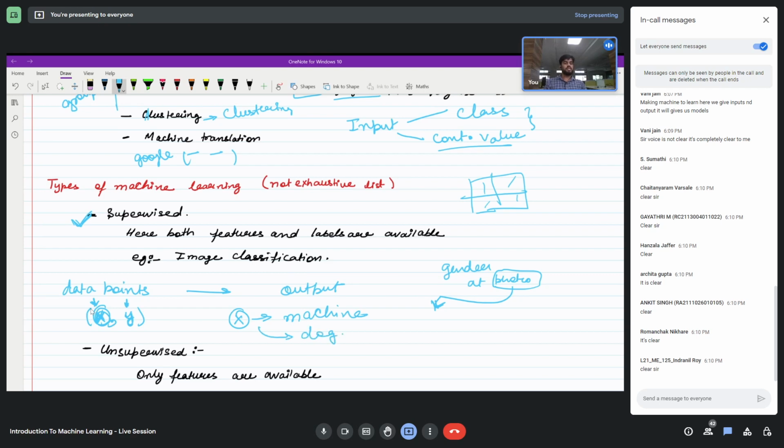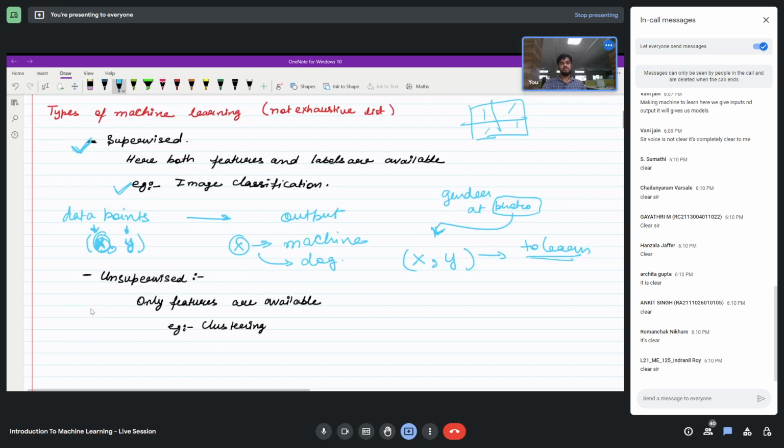This kind of setup is called supervised learning, where you initially give features as well as the label to the algorithm to learn. An example can be image classification, the example that I discussed.